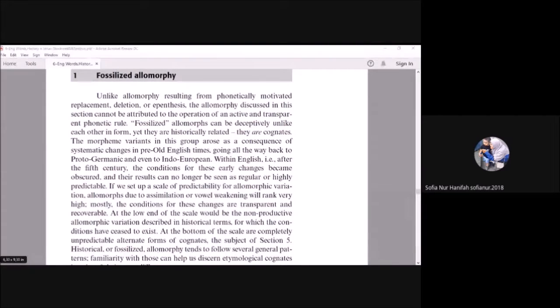In this section we also relate to Proto-Germanic and even to Indo-European.